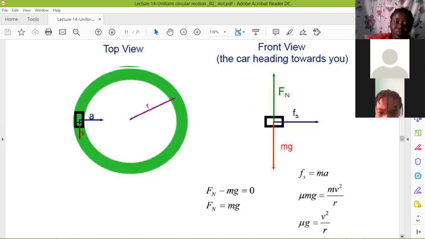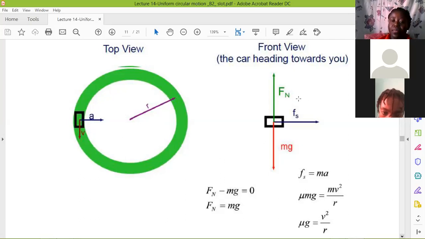The velocity at that point is directed in that direction, always tangent to the surface, and there is an acceleration pointing towards the center of the circle. From the top view, you have a normal force directed in that direction, and then we have the gravitational force, which is always on that side.